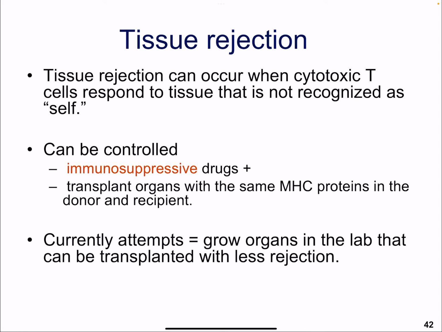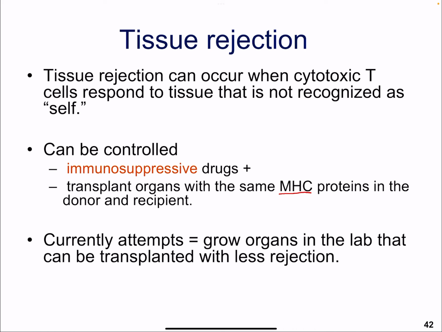Tissue rejection is basically when our body is recognizing something as non-self, right? Remember that the cytotoxic T cells are learning the difference between self and non-self in the thymus, right? And that the MHC, major histocompatibility complex, are the receptacles that are presenting the antigen.